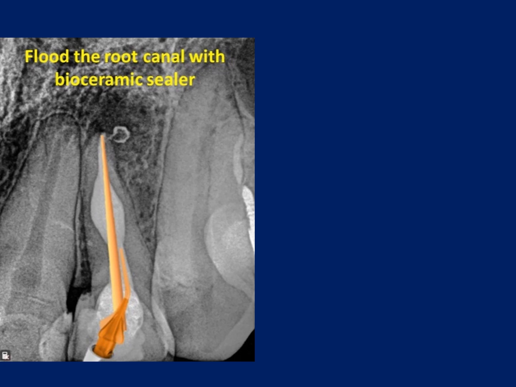When we want to do obturation, as in this case, I flooded the root canal with bioceramic sealer. Then I placed a gutta-percha cone to the apical region to seal the apical region of the root canal.